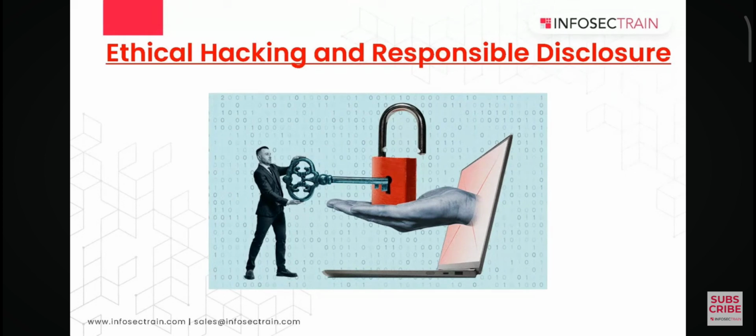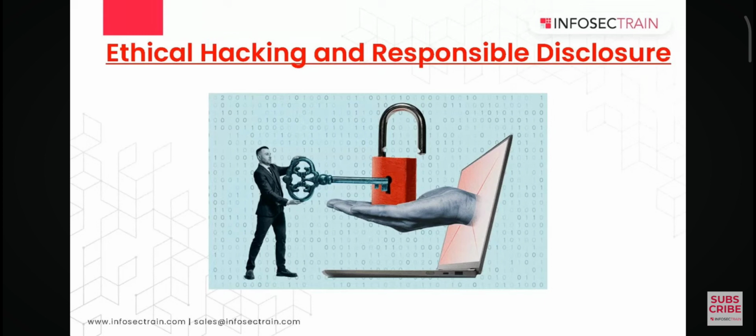Now, the organization is going to assess that particular vulnerability. They will look at the severity of it. And depending upon the severity, depending upon the level, they are going to give a reward to those bug bounty hunters.